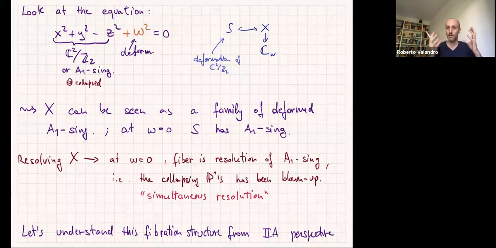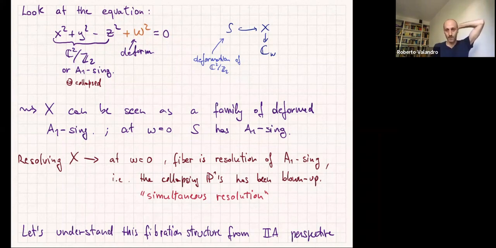But this P1 is exactly the P1 that blows up if you resolve the A1 surface. What happens is what is called a simultaneous resolution, where you resolve the full fibration, and at W equals 0 the fiber has been resolved, and the P1 of the small resolution of the conifold is the P1 that blows up in the A1 singularity.